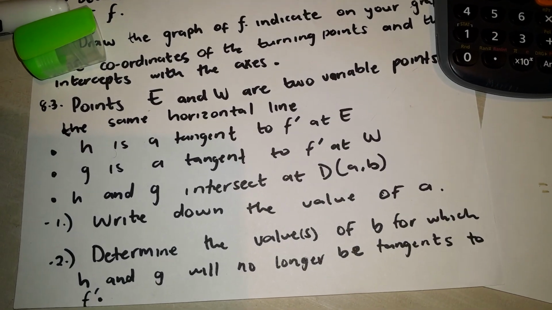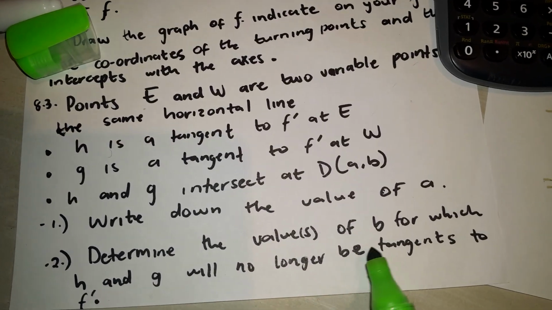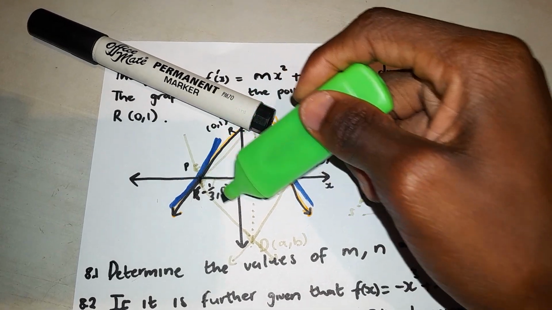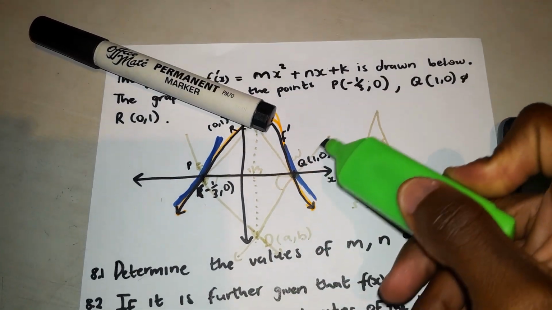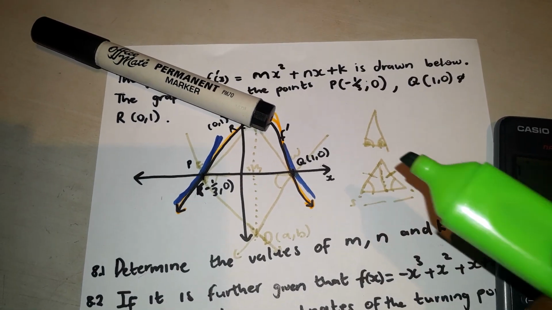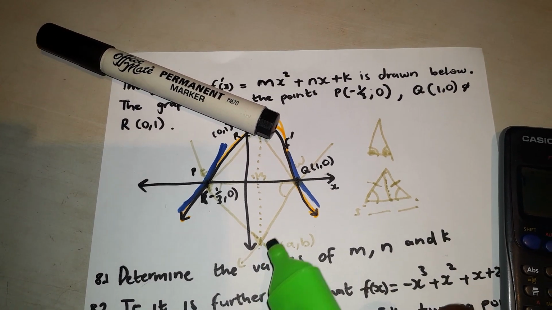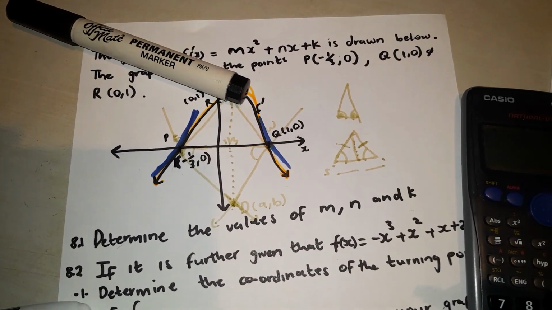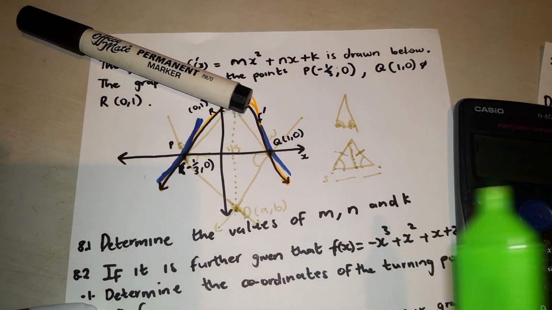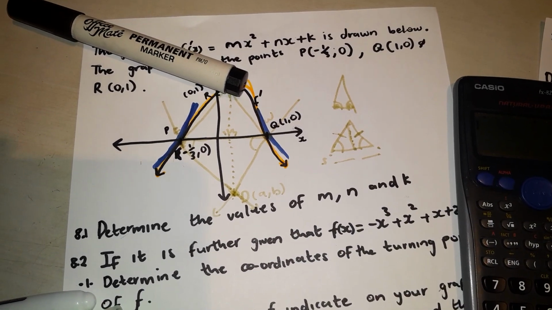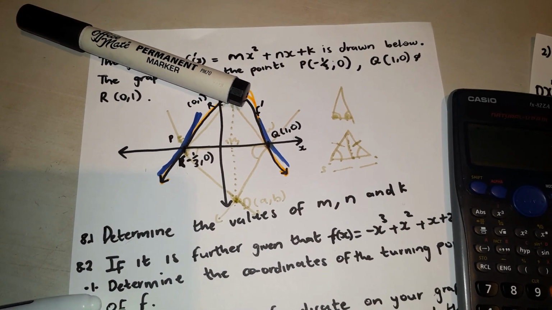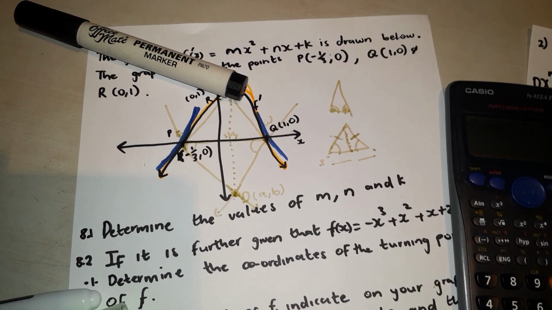So now our last question says, determine the values of b for which H and G will no longer be tangents. Since we know that H and G met here, at the point of intersection, but now we are no longer going to use that, because they say they will no longer be equal tangents to f.